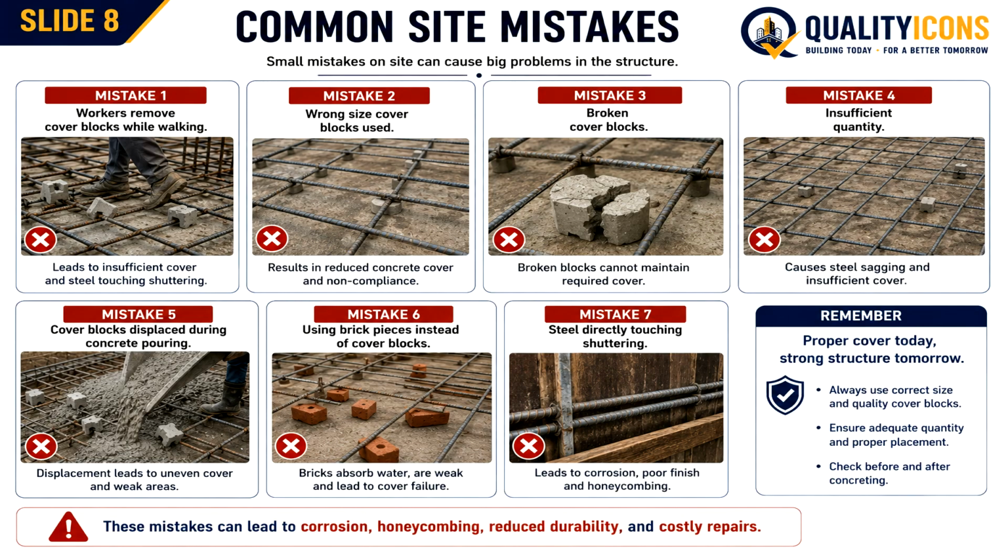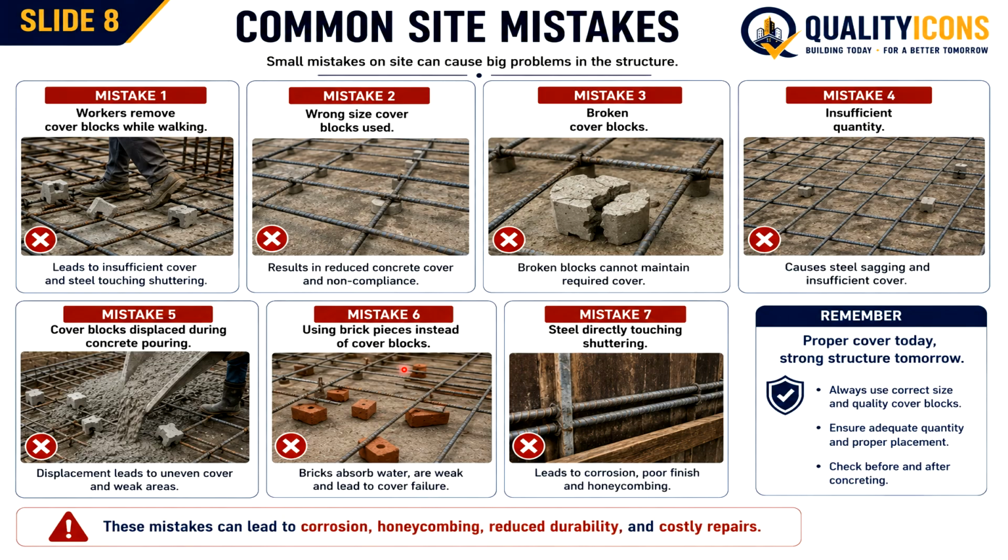Let's discuss the mistakes most commonly observed. Workers remove cover blocks while working. Wrong size cover blocks, broken cover blocks, insufficient quantity, cover blocks displaced during concrete pouring.